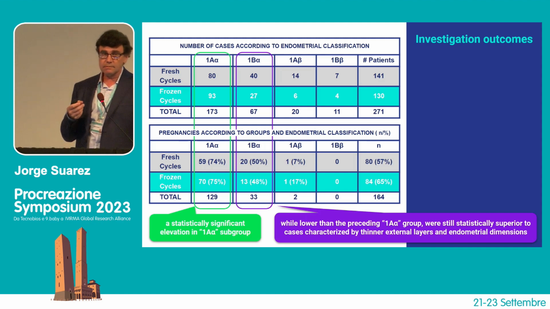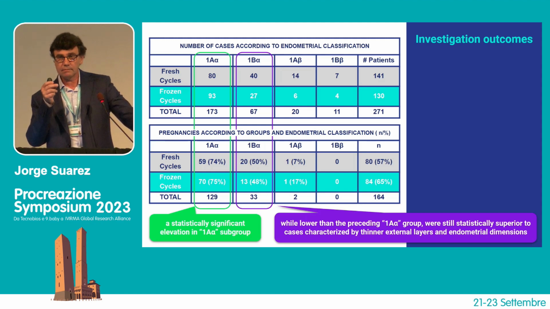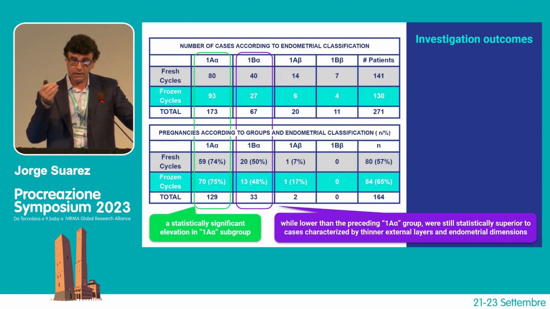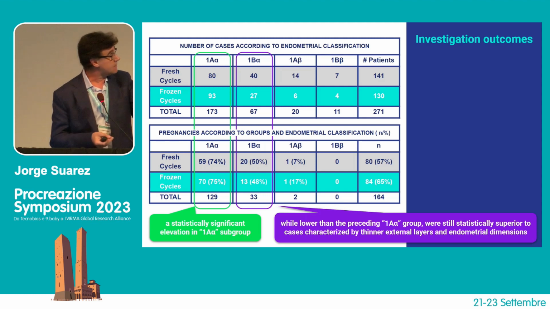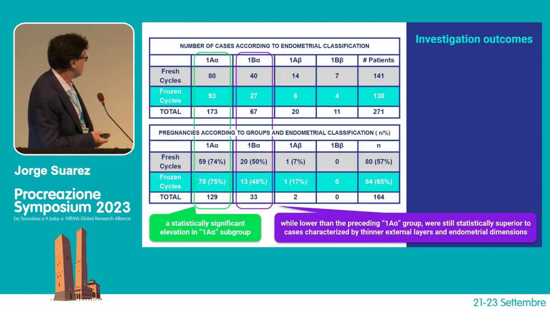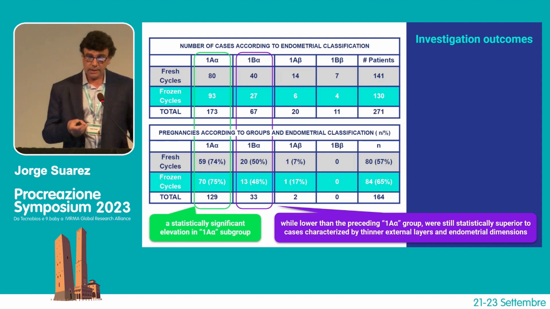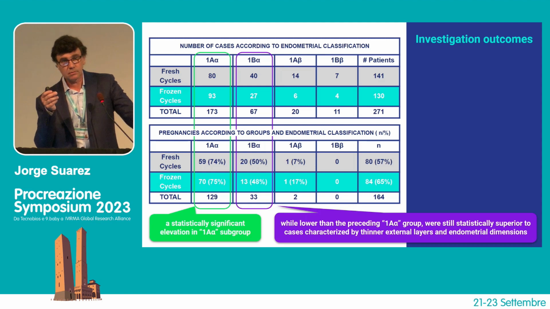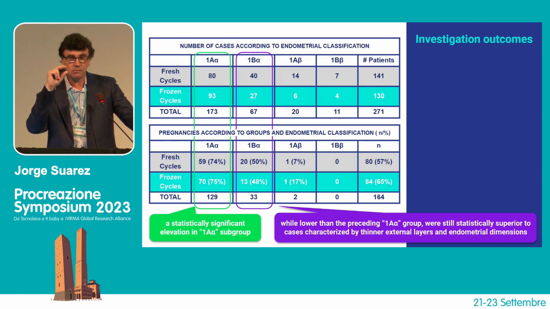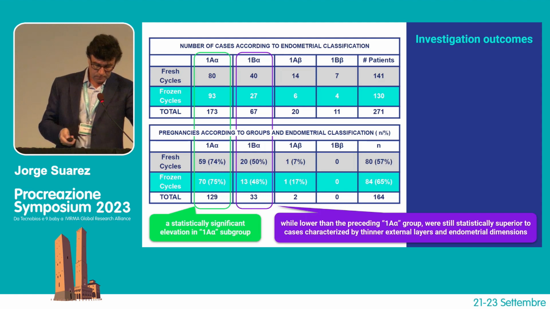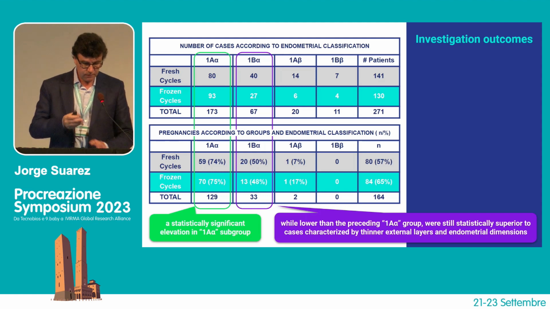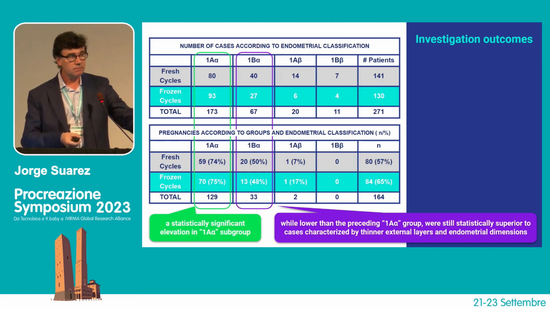The pregnancy outcome for group 1B alpha is similar to the previous, but lower, and it's still statistically superior to other categories with thinner external layers and thinner endometrial dimensions. But both of them have a good pregnancy rate.